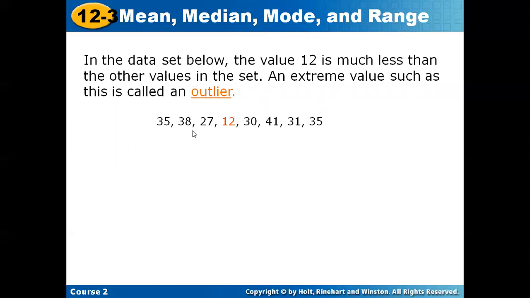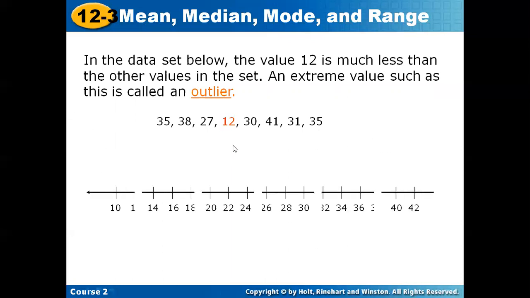We call that number an outlier. So in this particular set of data, we have an outlier that is much less than compared to the other numbers.